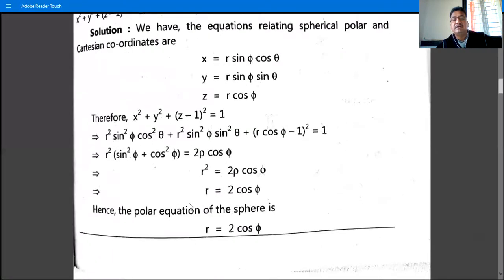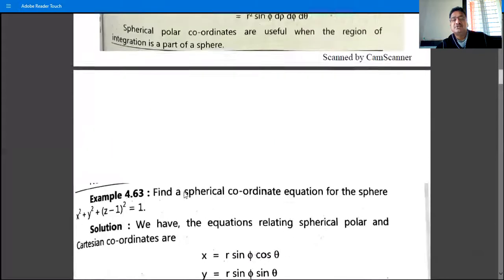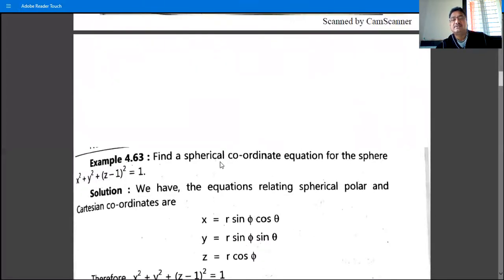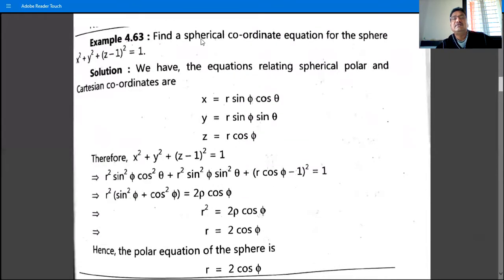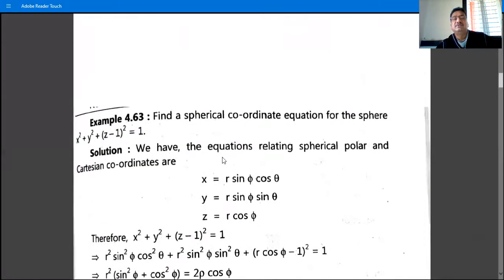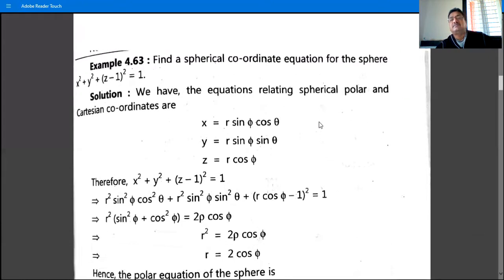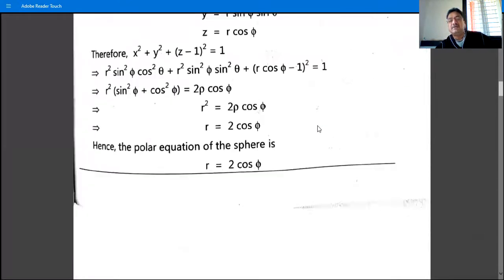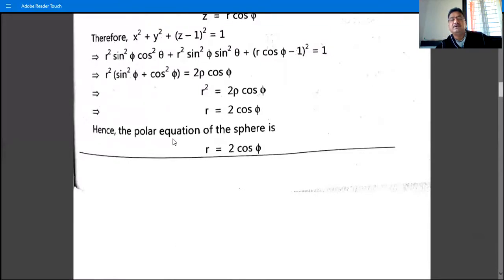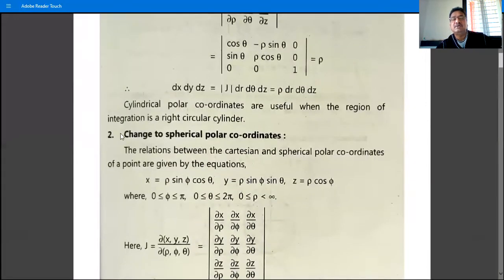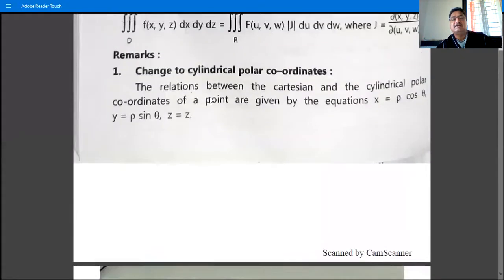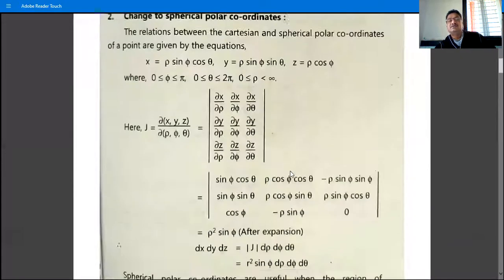So the question for 2 marks may be: find the spherical coordinate equation or polar coordinate equation. Both are polar coordinates, but this is spherical polar coordinates and the others are cylindrical polar coordinates.